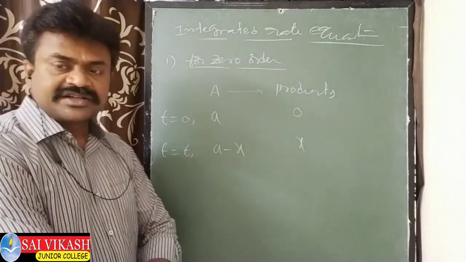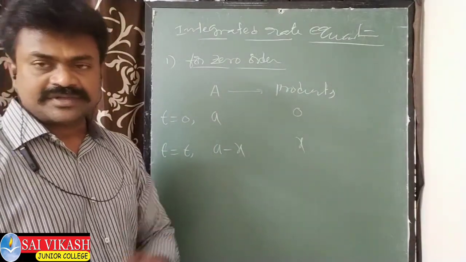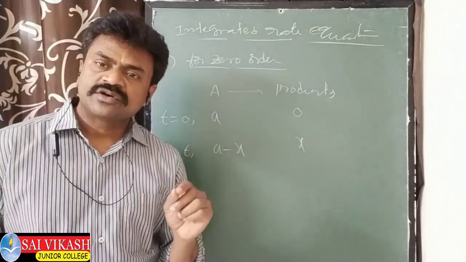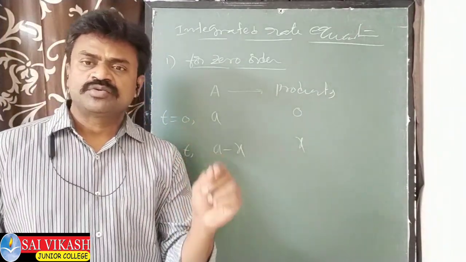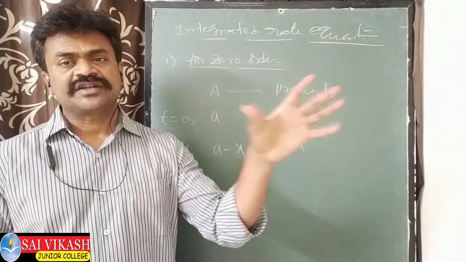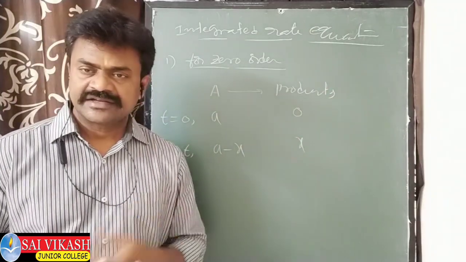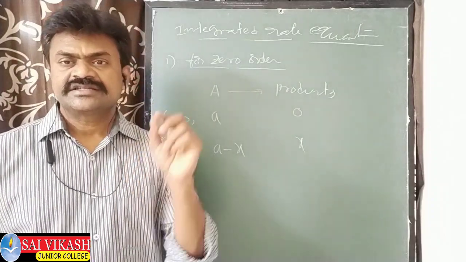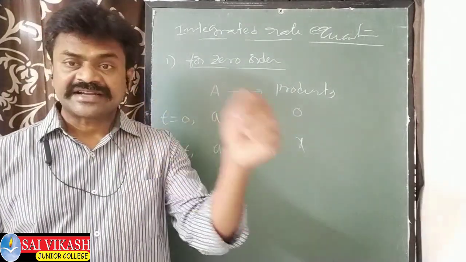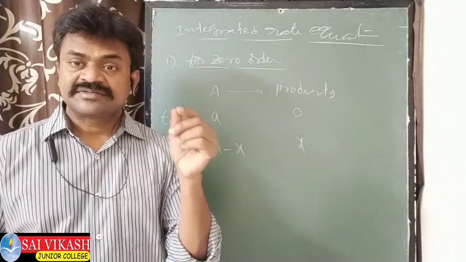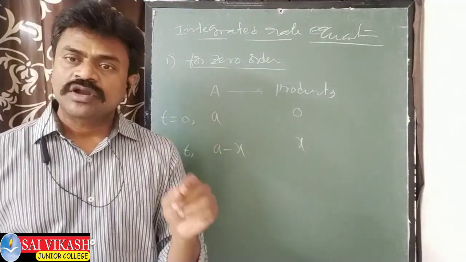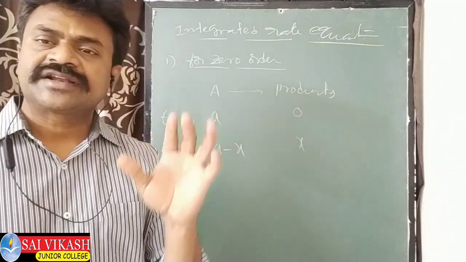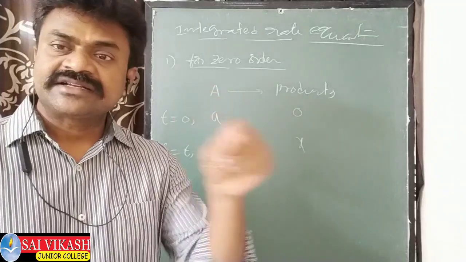Okay, let us write the rate of the reaction. I told you the rate of reaction is directly proportional to concentration of the reactant. We already learned. But here, what I am saying is the rate of the reaction at any time is directly proportional to molar concentration of the reactant present at time t.